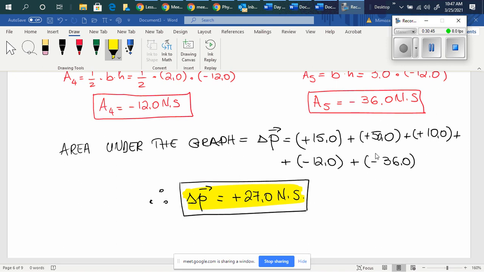When you add them all together, 15 plus 50 plus 10 minus 12 minus 36, you will have a change of momentum, or an impulse, of positive 27 newton seconds.